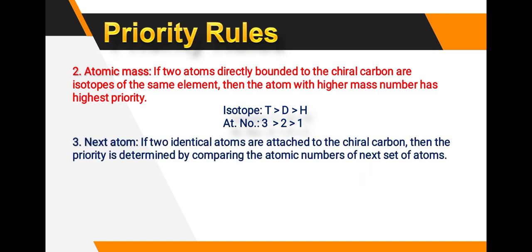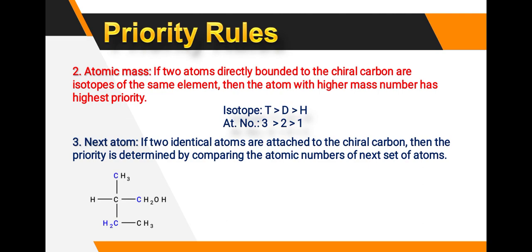Okay. Then next atom: if 2 identical atoms are attached to the chiral carbon, then priority is determined by comparing the atomic number of the next set of atoms. Here CH3, chiral carbon, here CH2OH, here hydrogen, here CH2, CH3.